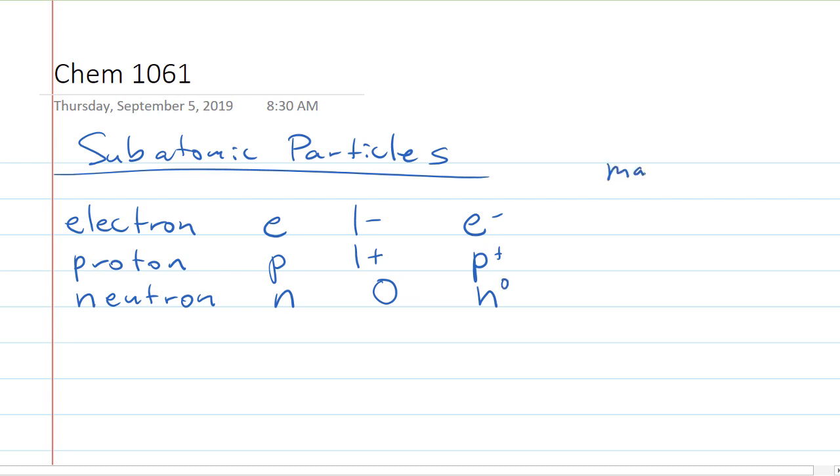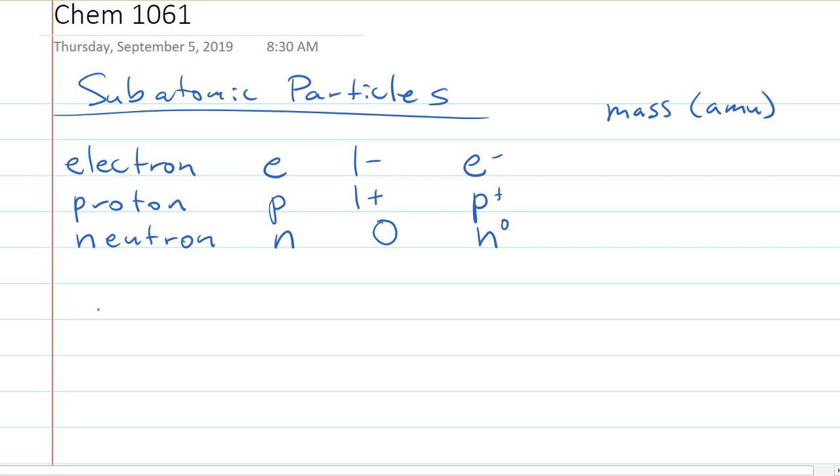And then you should know their masses, approximate masses, in units of AMUs. And we define an AMU as an atomic mass unit. Again, we abbreviate that as an AMU.